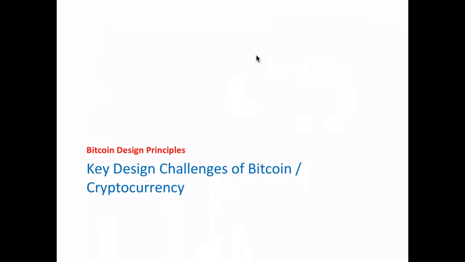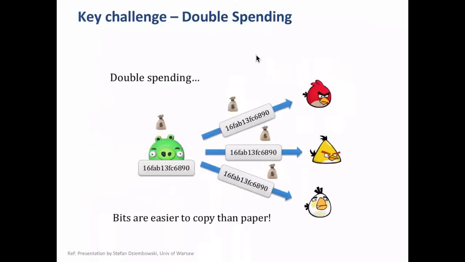One thing we have seen, and of course we have solved the identity problem, is that we can have a public key and private key, and that's our identity. The problem with digital currency is double spending. Like with your paper note or paper currency, you cannot spend the money twice.